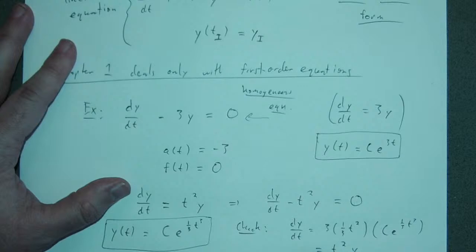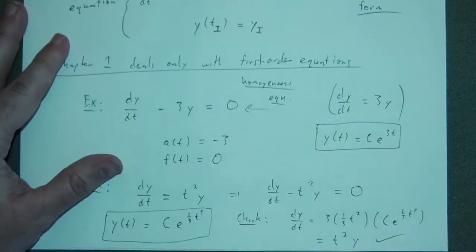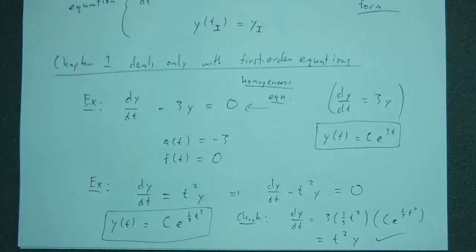So dy/dt is t squared y, which is exactly what it needed to satisfy. Okay.